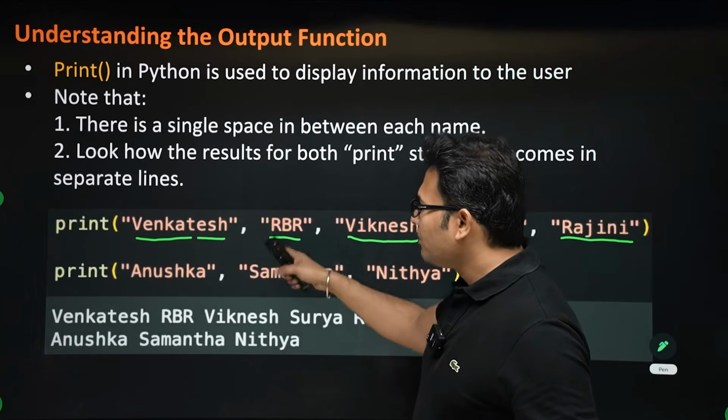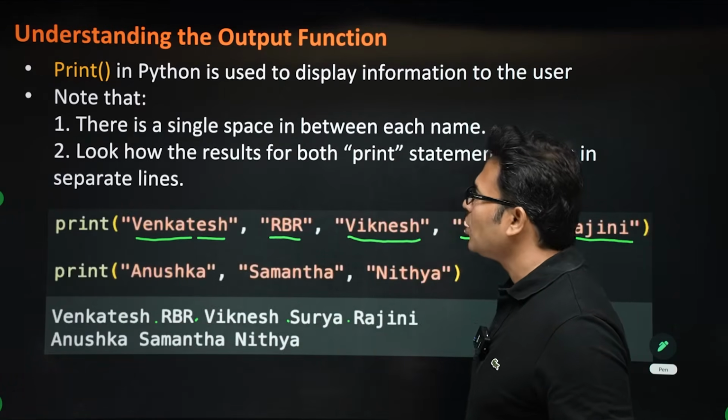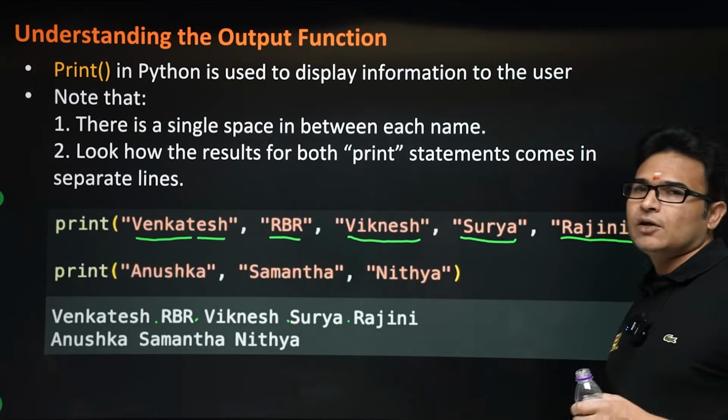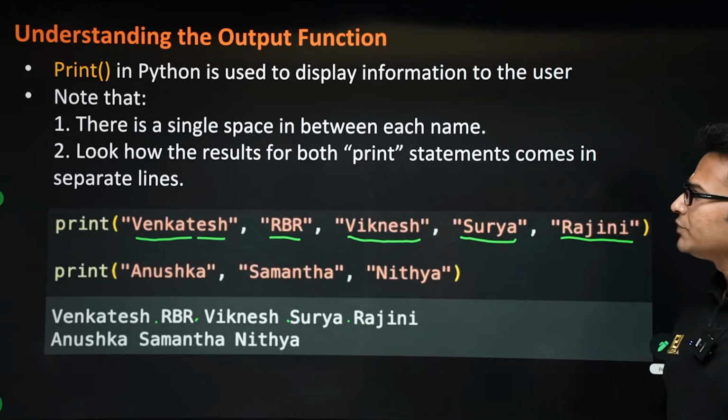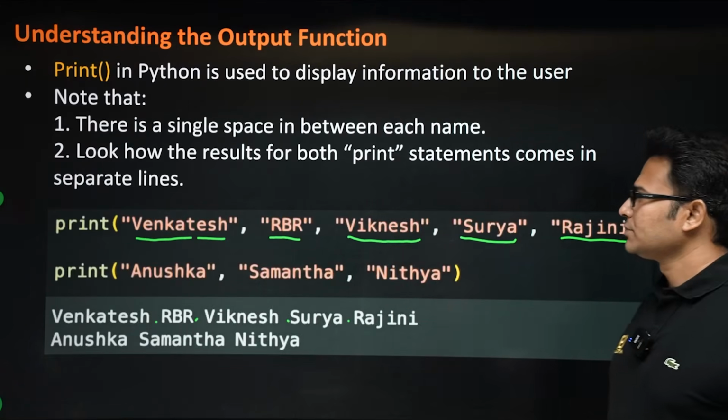Now, when you print them, one space is added by default between all the names. That is how Python works. If you don't specify anything, you are going to get spaces between the names.